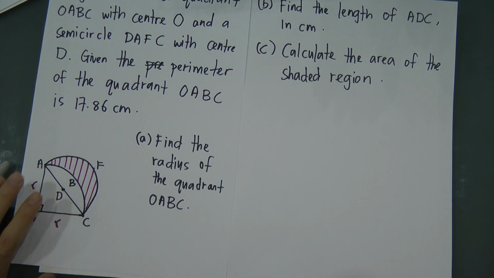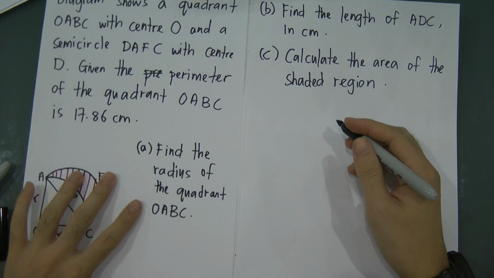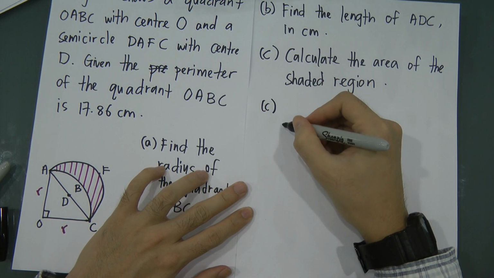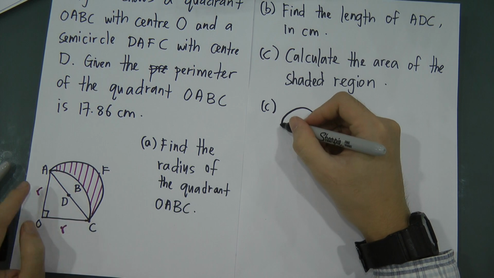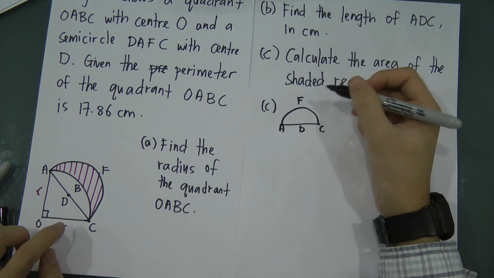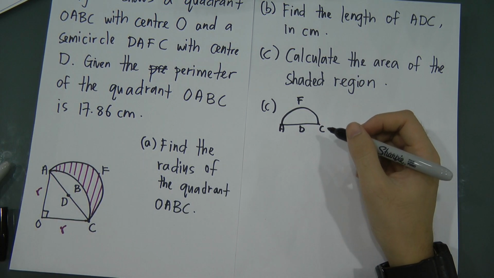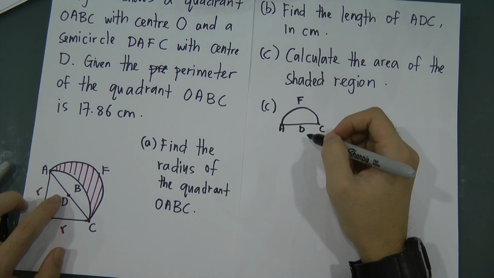Alright, so let me find the semicircle first. In order to make you understand, I draw out the diagram, but in the exam you don't need to draw it out. This is the semicircle, I'm going to write A, D, C, and F. The whole semicircle over here, right? We know the length for this one is 7.07.